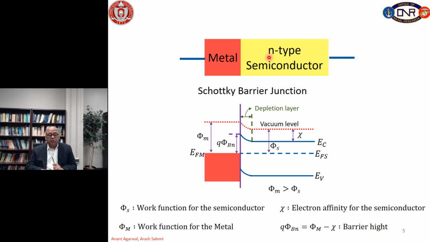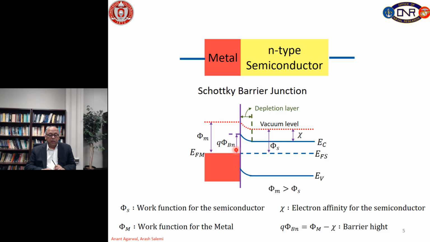It turns out that the n-type semiconductor has a work function which is phi s. We measure the work function in semiconductors as the difference between the Fermi level and the vacuum level. And then there is an electron affinity chi, which is measured from the conduction band to the vacuum level.